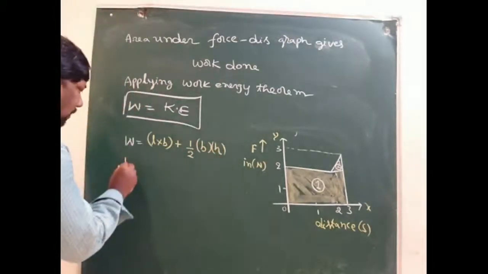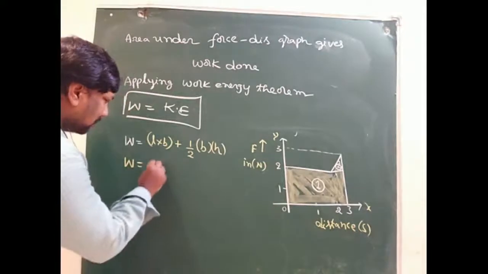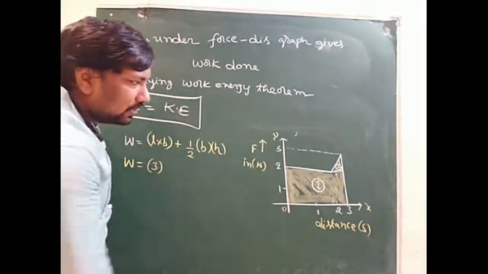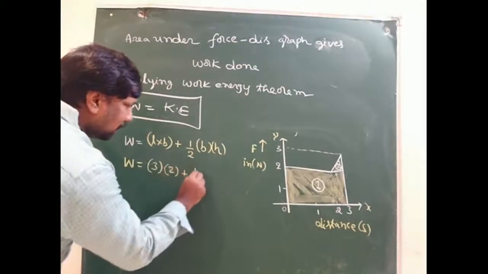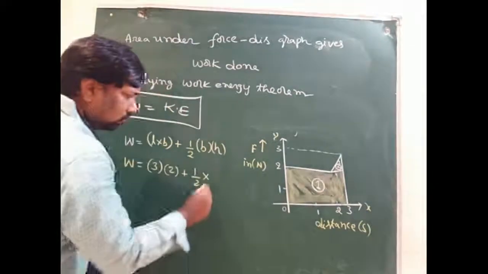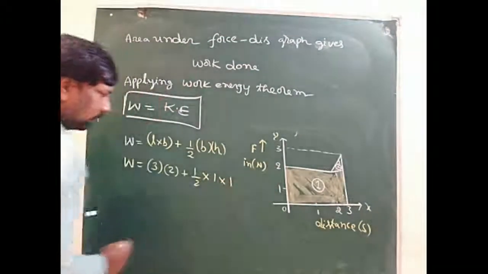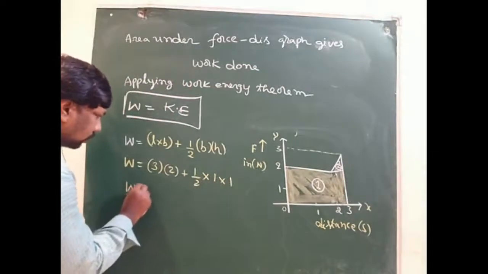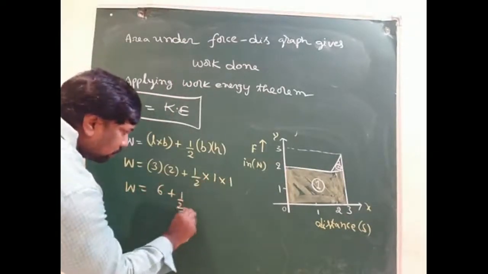Now W equal to, here length is 3 minus 0, that is 3. Here breadth is 2 minus 0, 2, plus half of base. Here base is 3 minus 2, that is 1. Its height is 3 minus 2, that is 1. So therefore W equal to 6 plus 1 by 2.